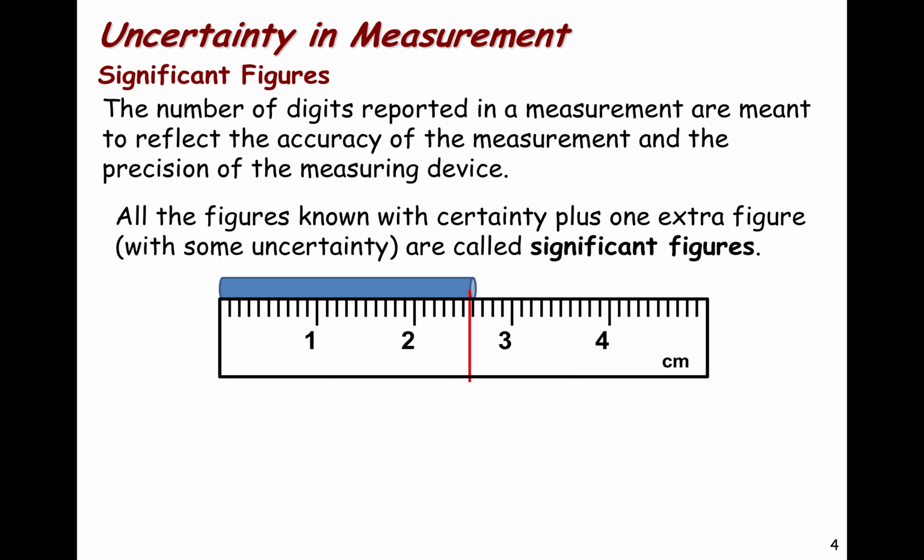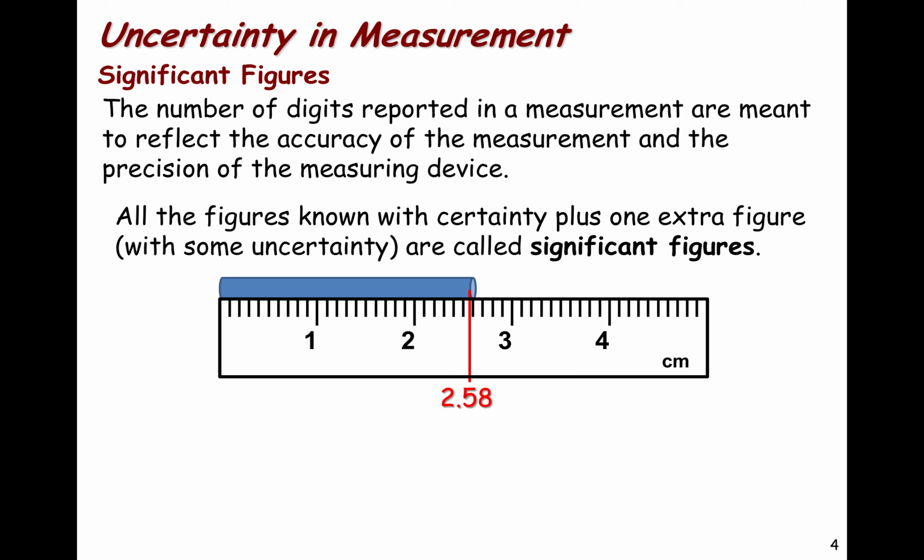So, in this particular case, to get as much information out of the measurement as possible, we would estimate a digit in the hundredths of centimeters digit. I see that it's a little bit further than halfway, but not quite the 2.6. So I would estimate that it's 2.5 something. In this case, a good estimate would be 2.58 centimeters.